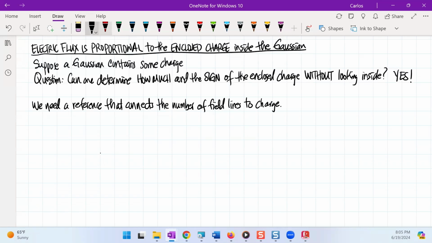One that we've used in the past, and I'll continue to do this, is that I imagine that I have a positive charge. Here's my positive charge.